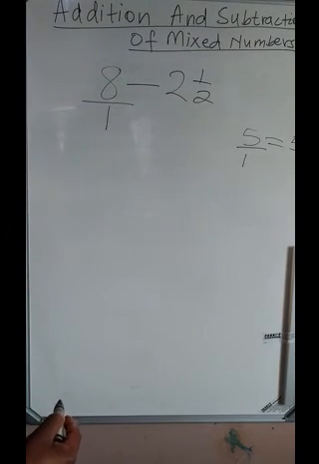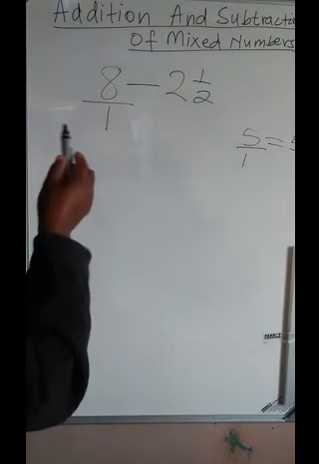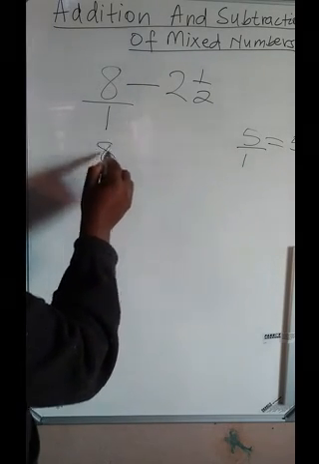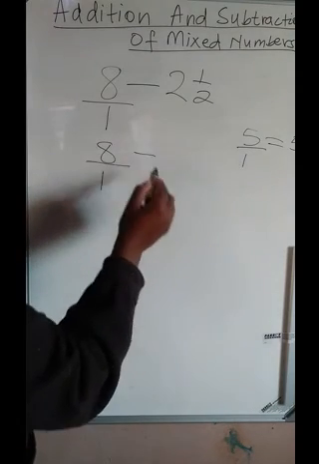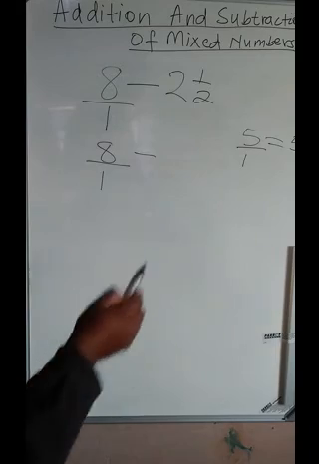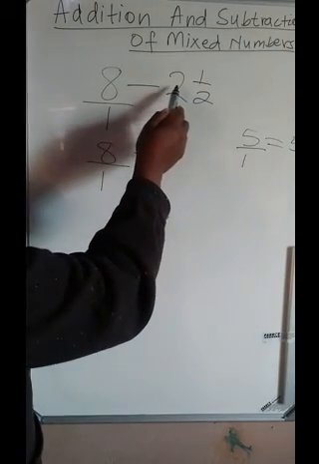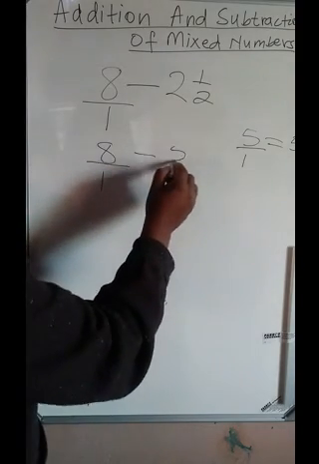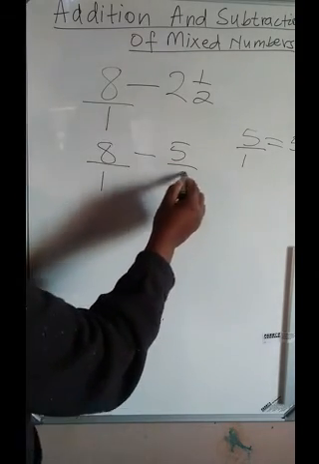So what we are going to do here, we are going to write 8 over 1 minus, so change that mixed number into an improper fraction. 2 multiplied by 2 is 4. 4 plus 1 is 5. So it will be 5 over 2.